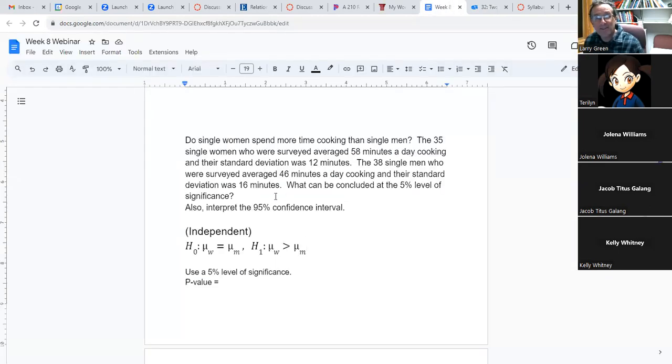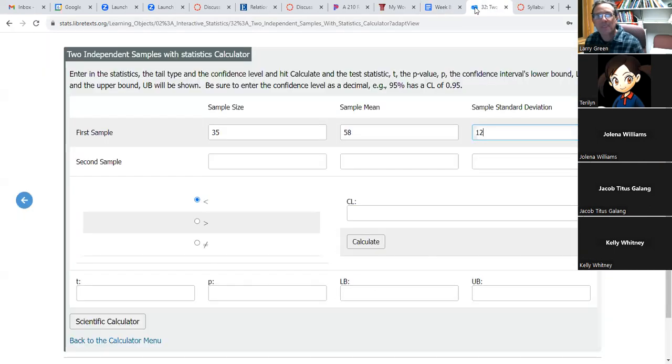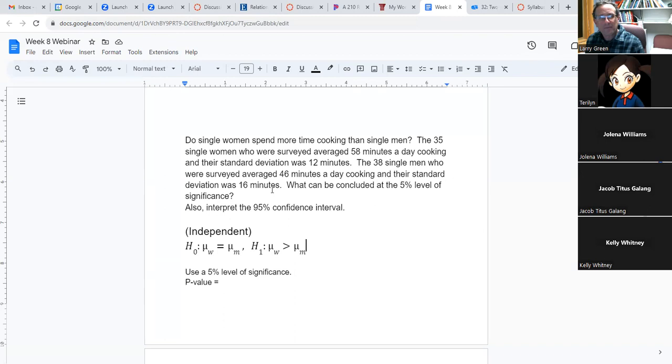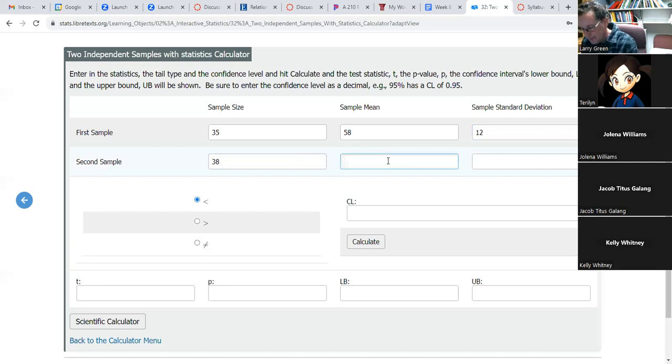And for the second sample, the sample size was 38. The sample mean was 46. Standard deviation was 16. Any questions so far?